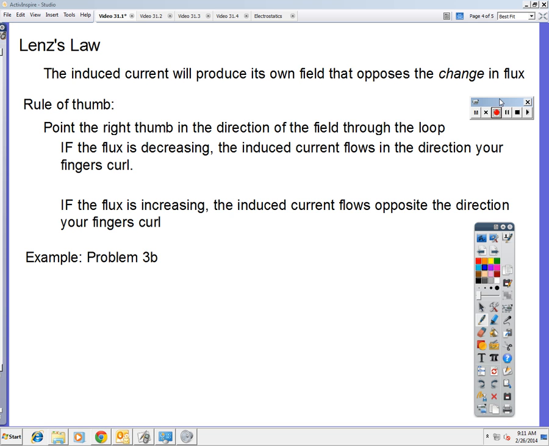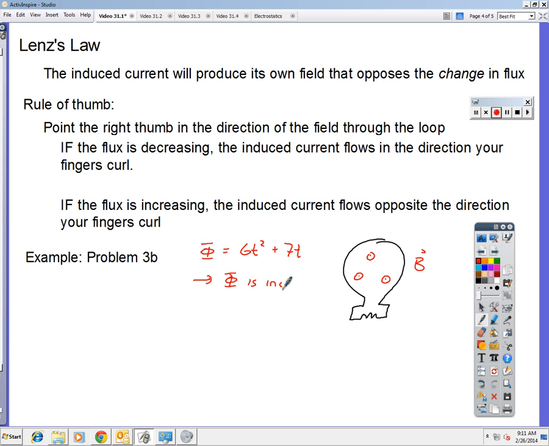So in problem 3b, you've got your loop of wire, and you've got your magnetic field pointing out of the page, and because the equation is phi equals 6t squared plus 7t, we notice that its derivative is positive everywhere, so the flux is increasing.